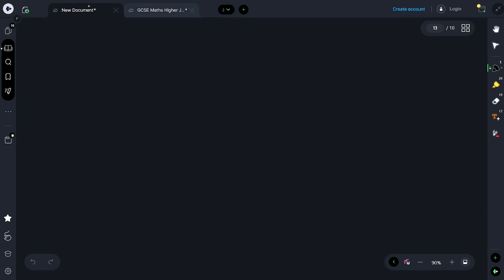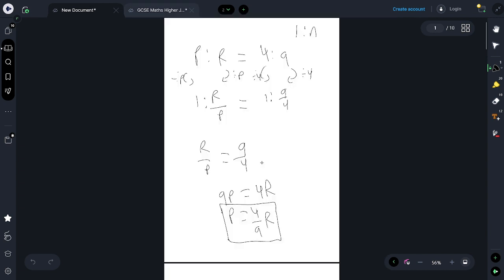Okay. So that's why you jump straight from there to saying p is 4 over 9r. If you have this ratio, p to r is 4 to 9, this means p is 4 over 9r. This is what's going on. A little sketch, a little derivation, a little proof almost behind this. And if you're a bit unclear, this is the step you can take.